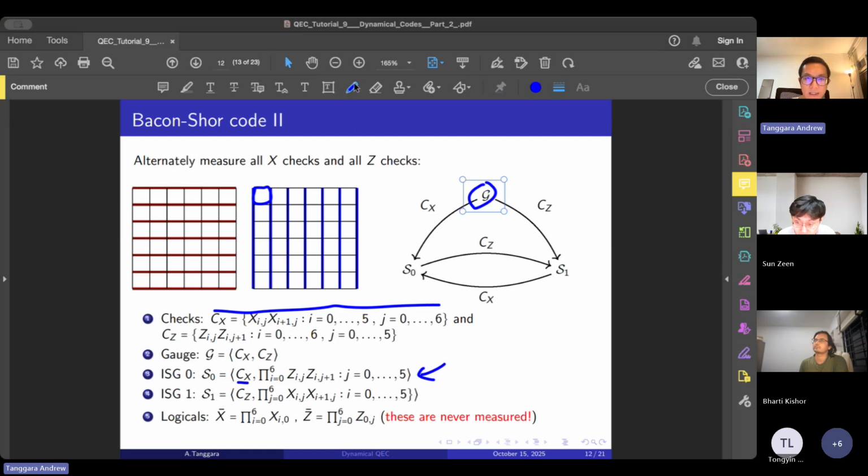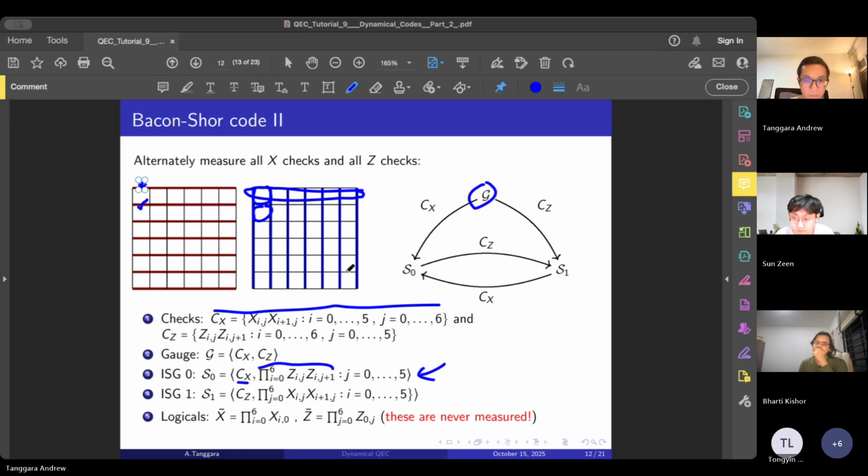If I measure this top red check, and then keep doing that for the next one, what we end up with is a product over one row. That's basically what this is.